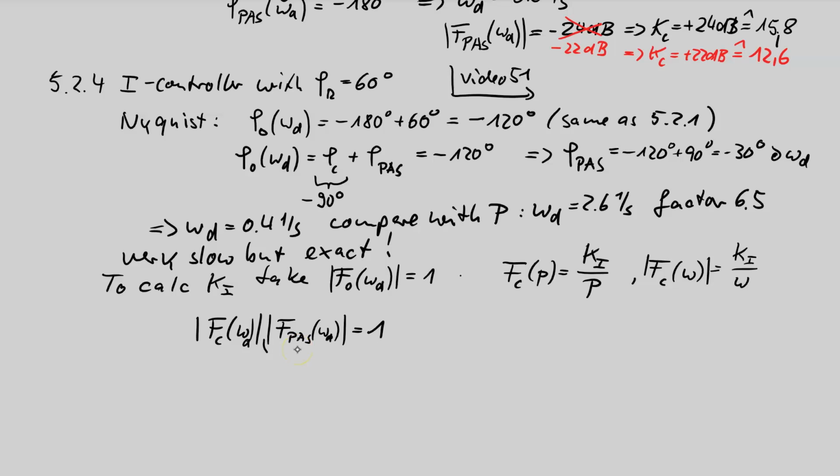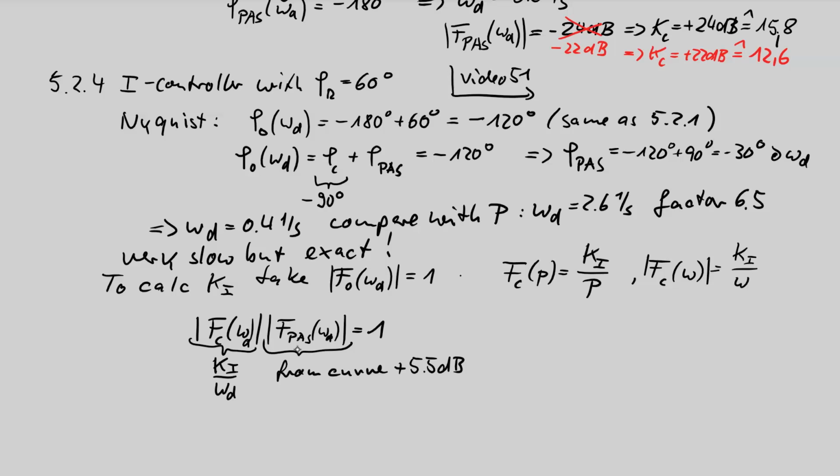What do we have? We have this from the curve, positive 5.5 dB, and this is Ki, the unknown Ki, divided by omega d.